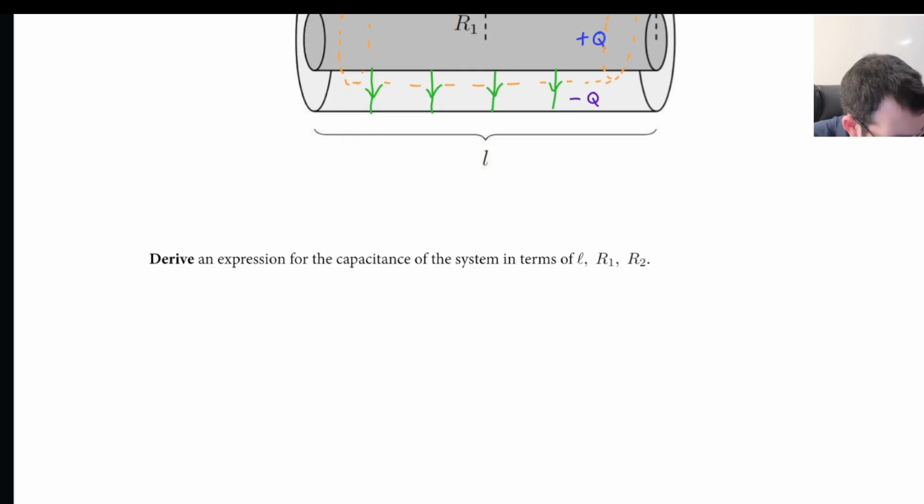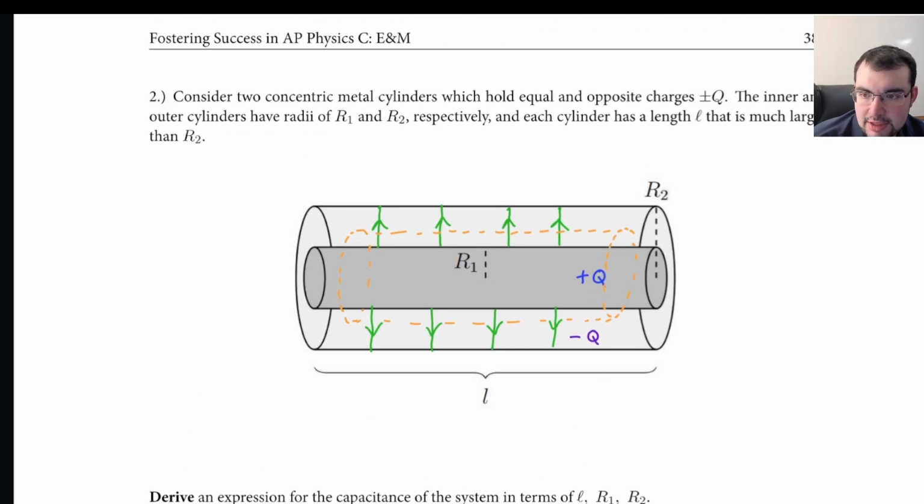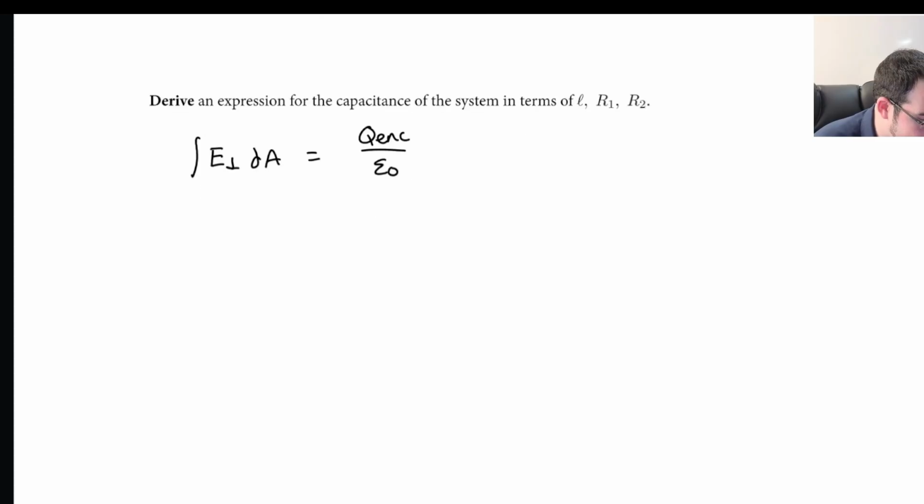Now I can write the integral of E perp dA, which is flux, is equal to my enclosed charge divided by epsilon naught. And I'm not necessarily enclosing the whole cylinder. So instead of calling it L, maybe let's call this distance x.